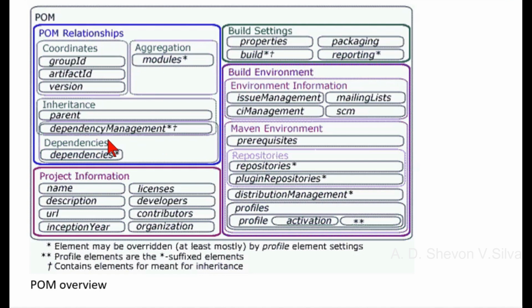Dependencies. The cornerstone of the POM is its dependency list. Most projects depend on others to build and run correctly. If all Maven does for you is manage this list, you will gain a lot.